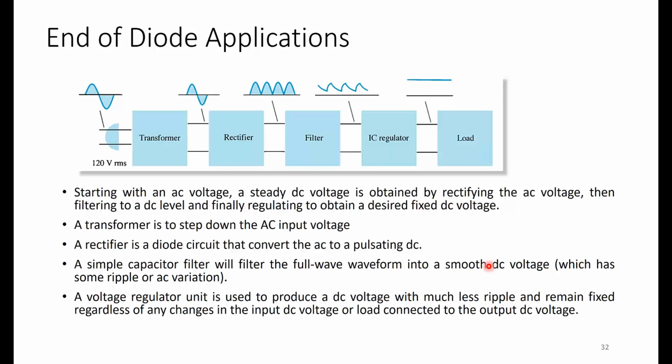So I'll just end with power supply block modules again, because I think this is where we can actually put in most of the circuits that we have studied. Okay, starting with an AC voltage. Okay, we have an AC voltage that comes through the transformer from distribution. It goes through the transformer, then it goes to the rectifier.